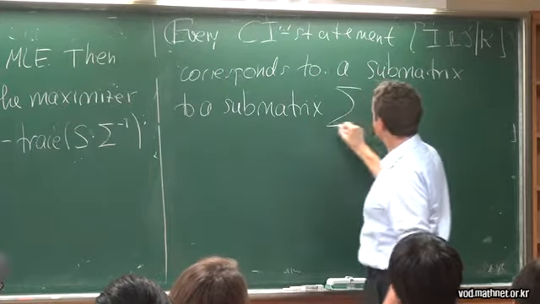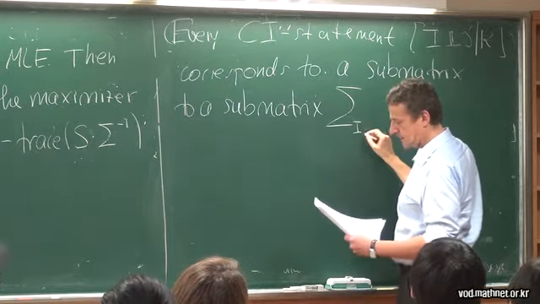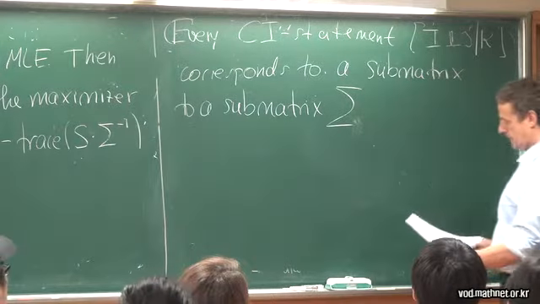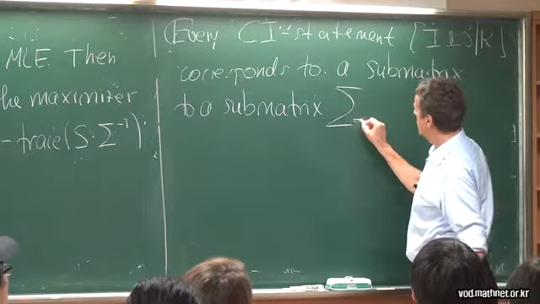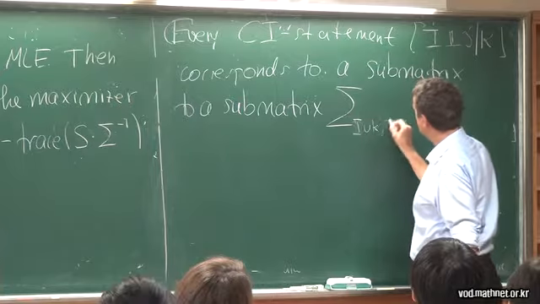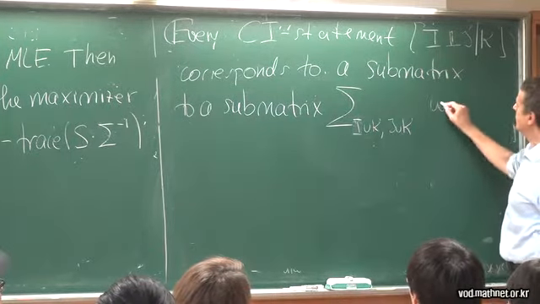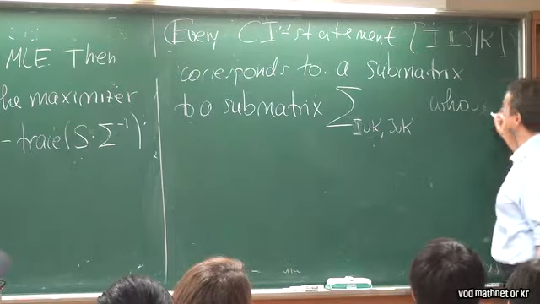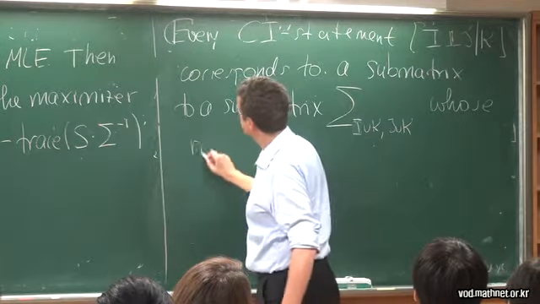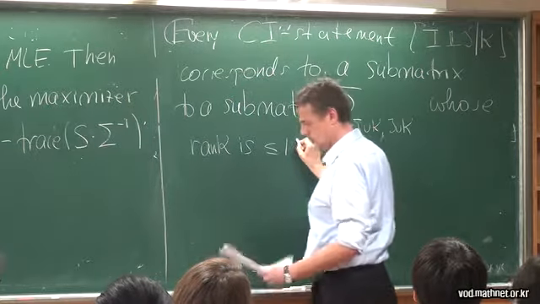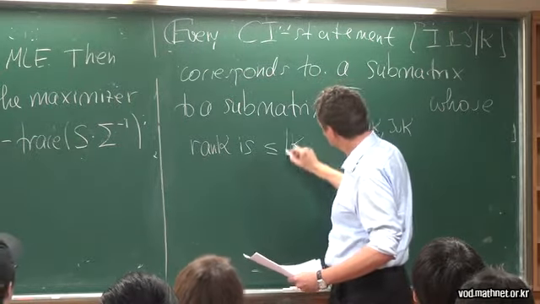So we take the submatrix with row indices I union k and column indices j union k, whose rank is at most k, the cardinality of k. Okay?